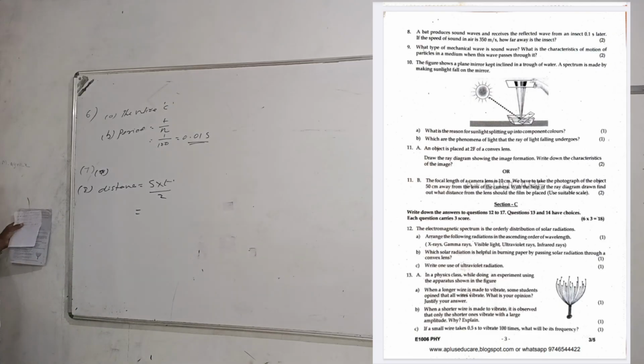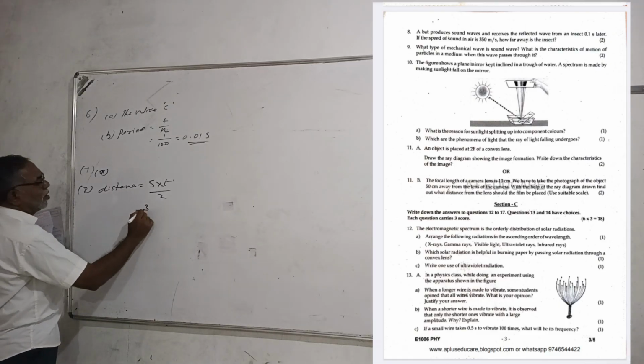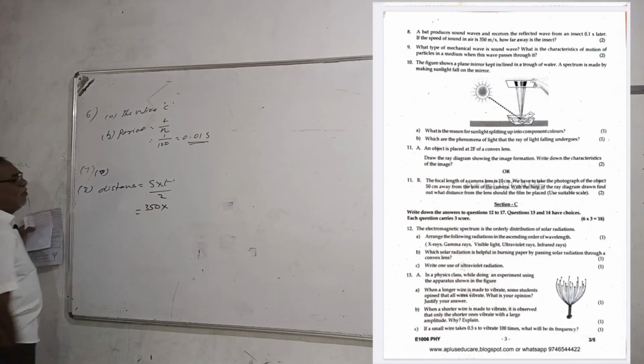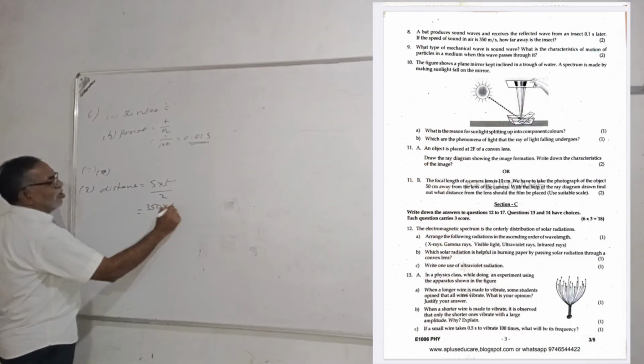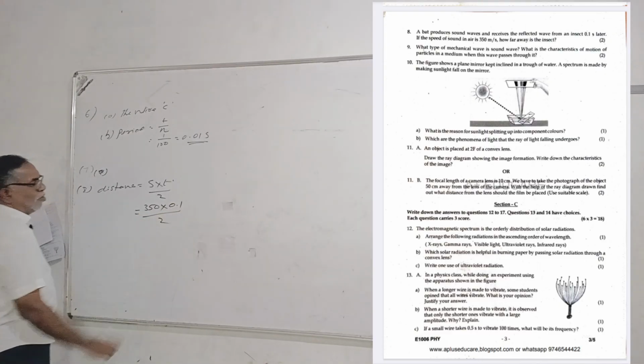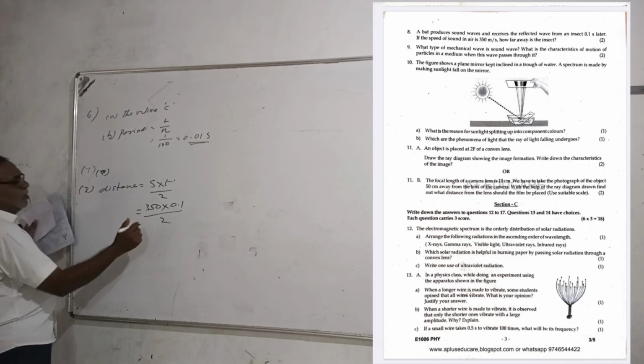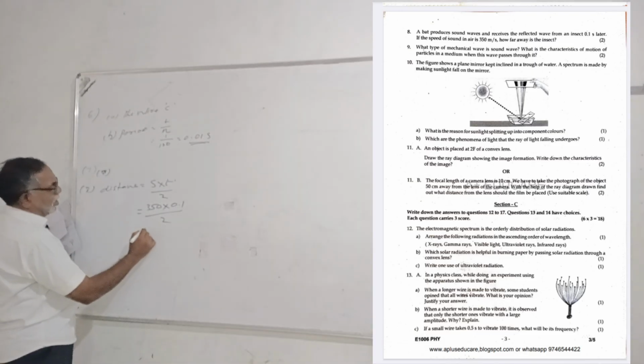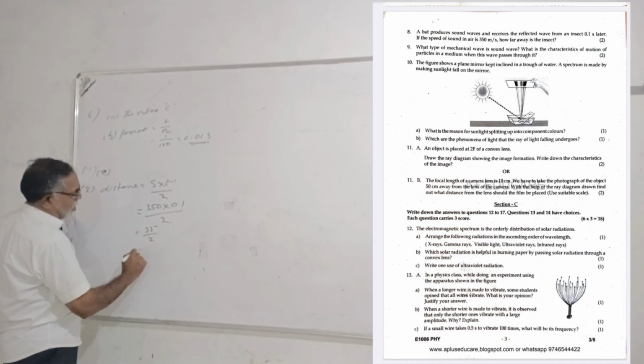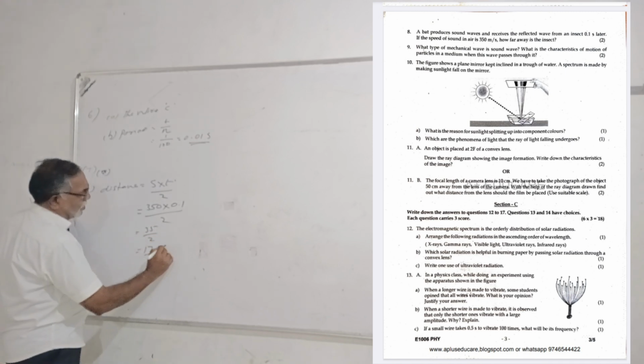Speed is 350, time is 0.1 second, divided by 2, because the sound waves have to strike and return in 0.1 seconds. That is 35 divided by 2, which is equal to 17.5 meters.